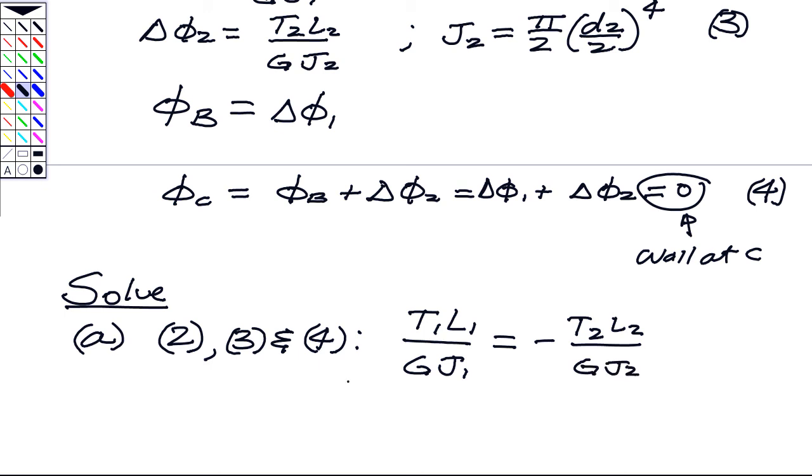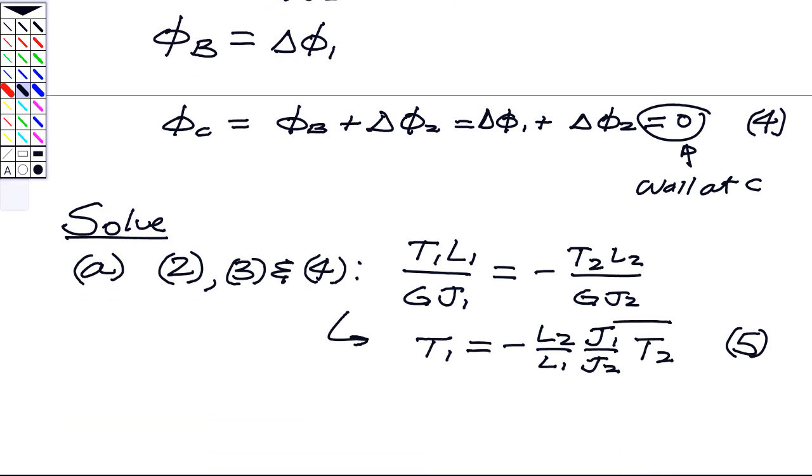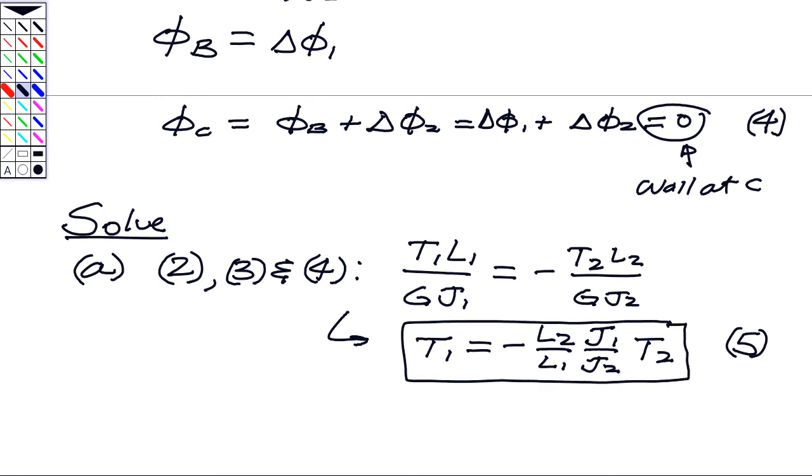So from this we see that the relationship between T1 and T2 based on compatibility is T1 equals minus L2 over L1 times J1 divided by J2 times the torque that's carried by member 2. So this is our equation 5. Recall we figured out that things were indeterminate because we had one equation and two unknowns. This is our second equation.